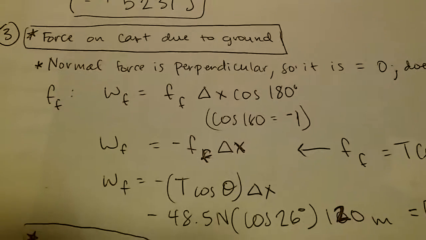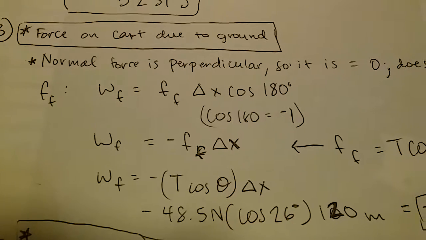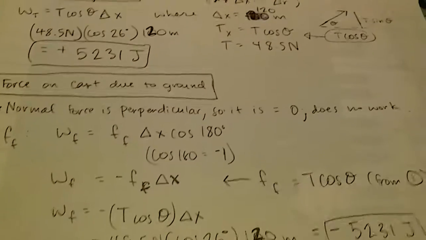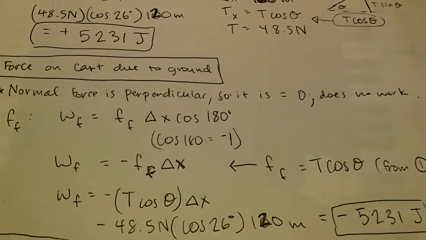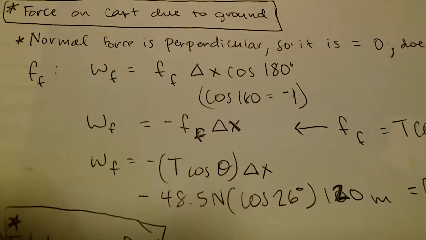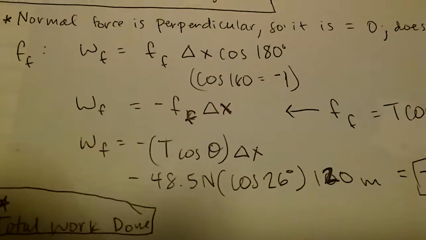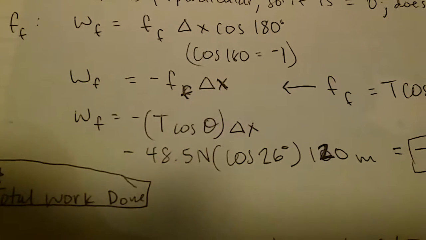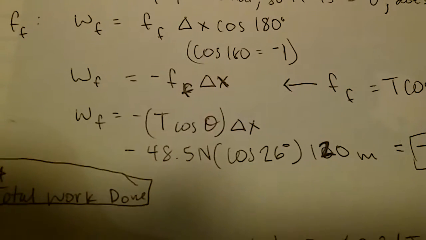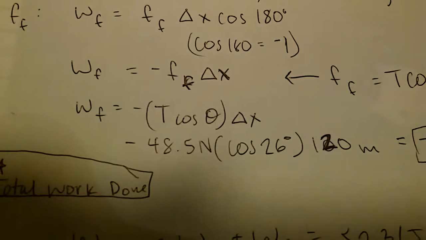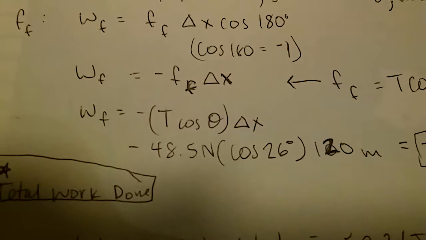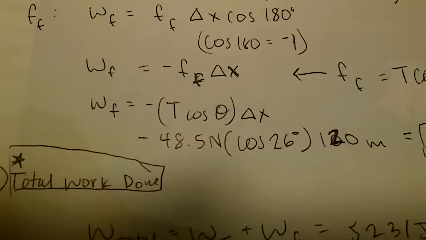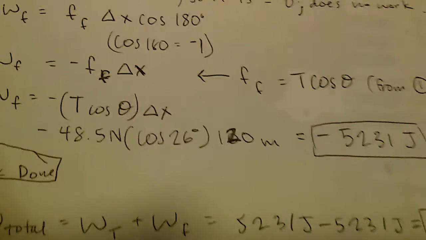So next I'm going to solve for the force on the cart due to the ground. Because the normal force is perpendicular, that one's equal to 0, so it does no work. So the work due to friction is equal to the friction force times delta x times the cosine of 180, which is the angle of the displacement. Cosine of 180 is equal to -1, so we come out with negative friction force, delta x.